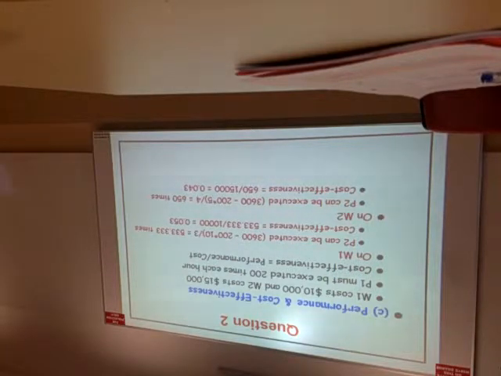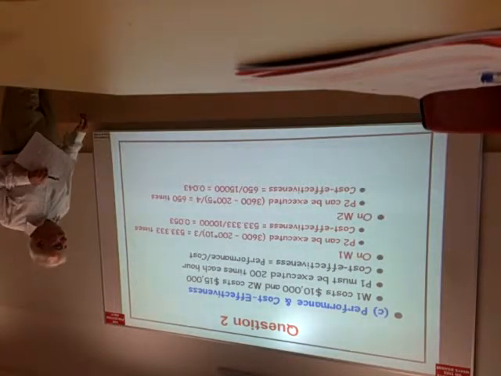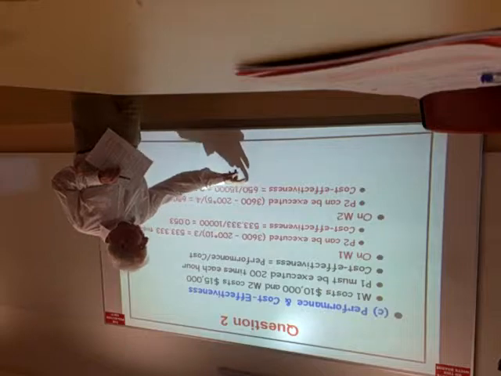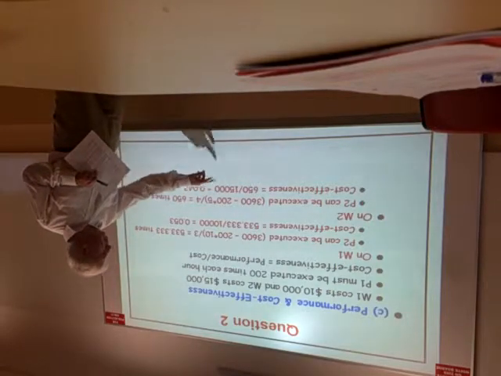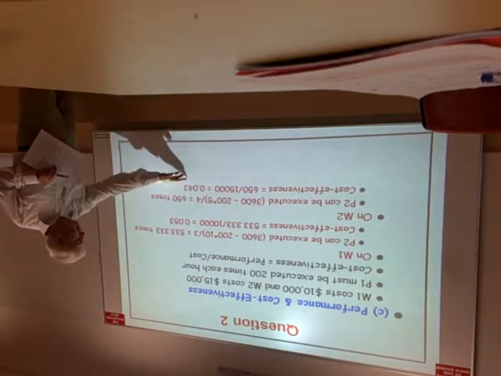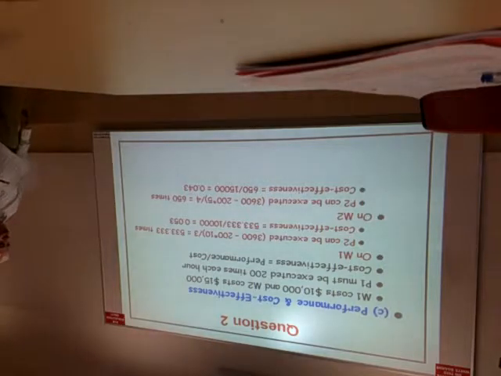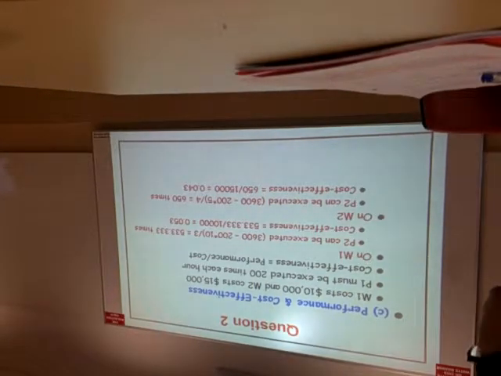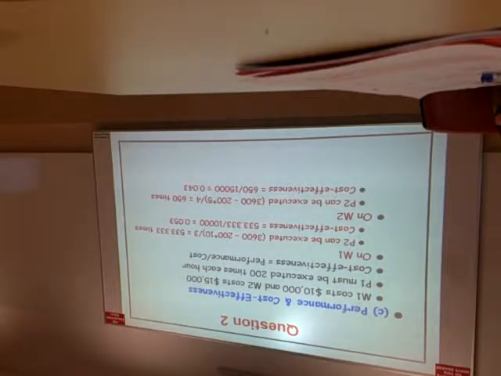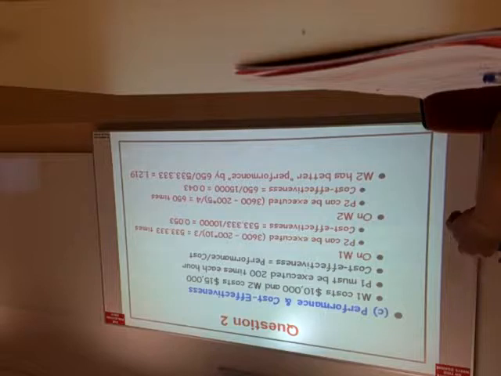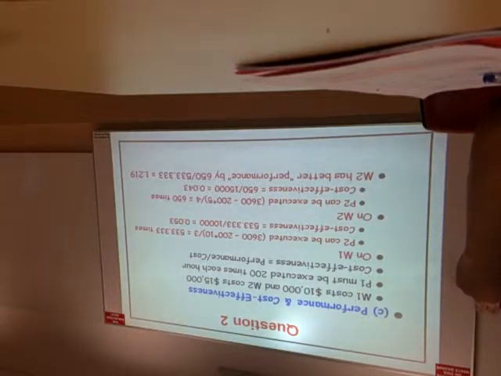But if we work out the cost effectiveness, the performance divided by the cost, in this case it is 0.043. So we can compare the performance and the cost effectiveness. M2 has a better performance by a factor of 650 divided by 533.